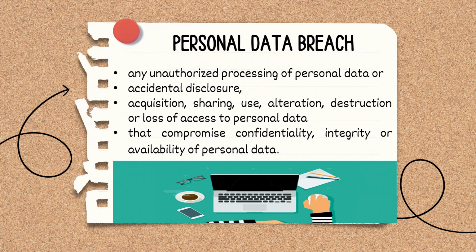So organizations will have a huge responsibility on implementing systems to protect against personal data breach, so that there is no data breach and no compromise on the parameters of confidentiality, integrity, or availability of personal data. All these three parameters of information, namely confidentiality, integrity, and availability of personal data, have to be protected.